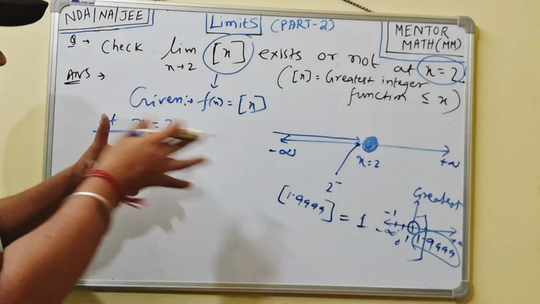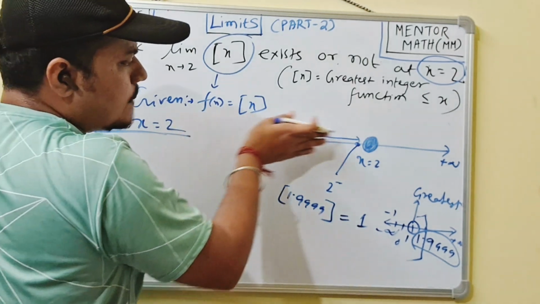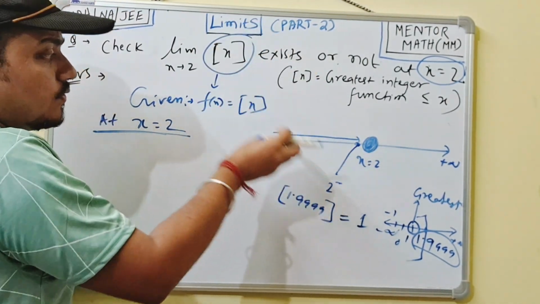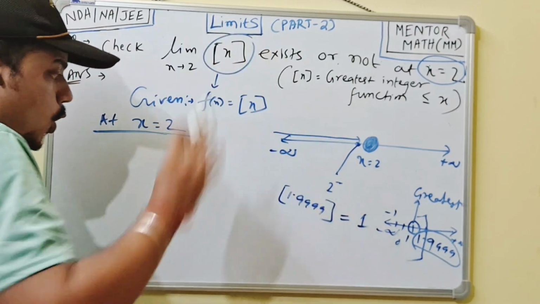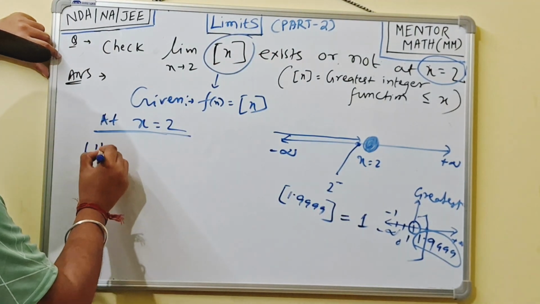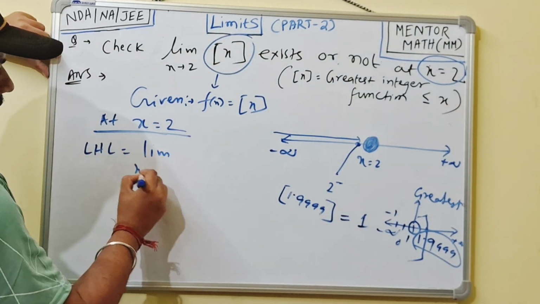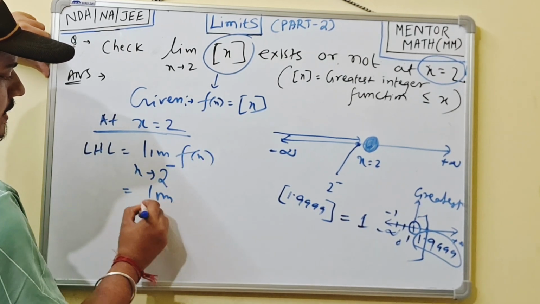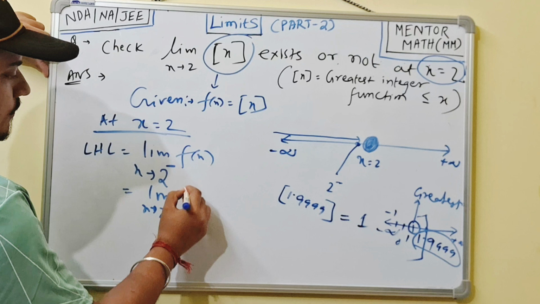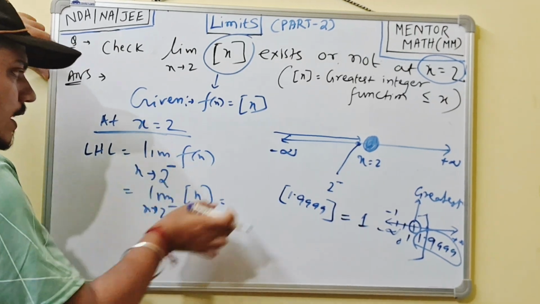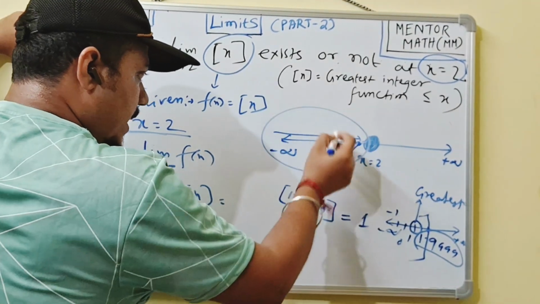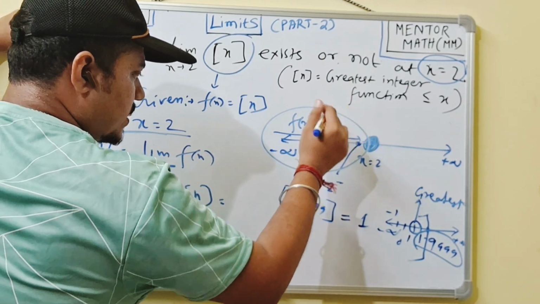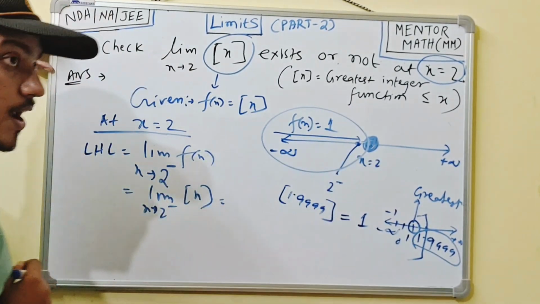So whatever value you take from the left hand side close to 2, obviously the box value gives you 1. So coming to the solution, left limit is equal to limit x tends to 2 negative f(x), that means limit x tends to 2 negative box x. Whatever value you take, the box function gives 1 clearly.